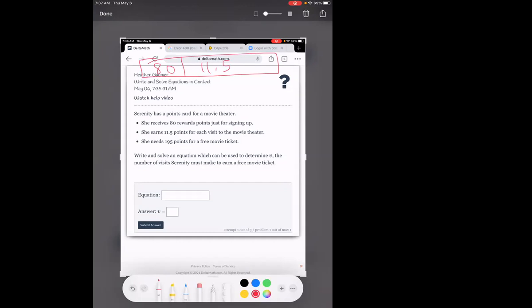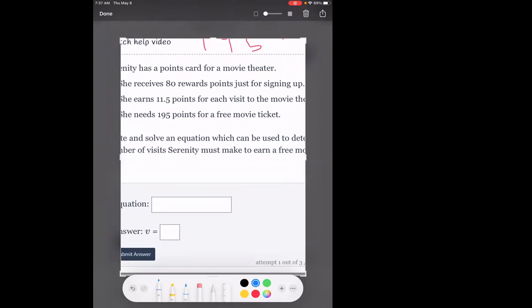And I'm going to use the letter V for the number of visits. And then the total amount of points that she gets is 195 to get the free ticket. So my equation, which I have down here, is going to be 80 plus 11.5V equals 195.